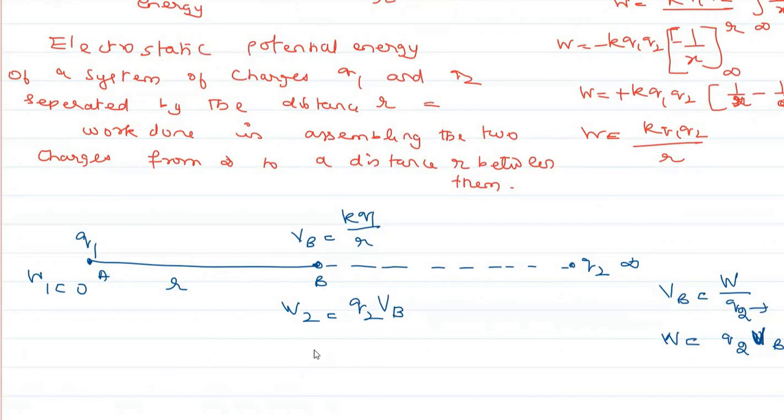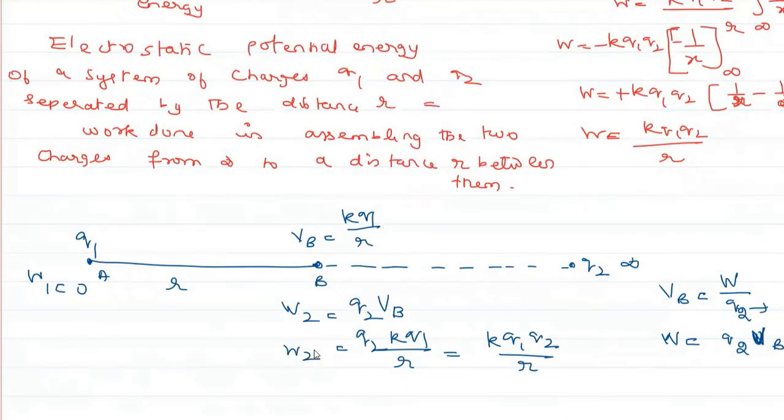VB. So total work done is Q2 into VB. VB is KQ1 by R. So together you can write KQ1Q2 by R. This is W2. So total work done is W1 plus W2, so 0 plus KQ1Q2 by R, that is KQ1Q2 by R.